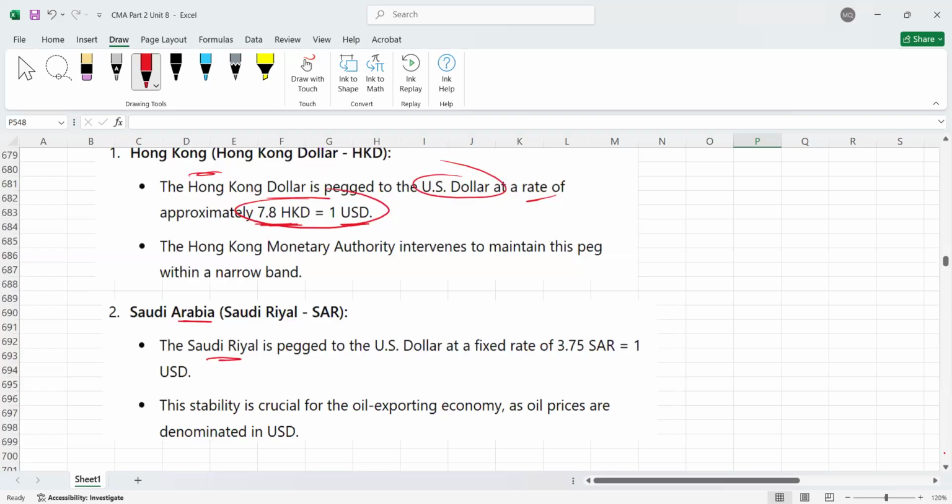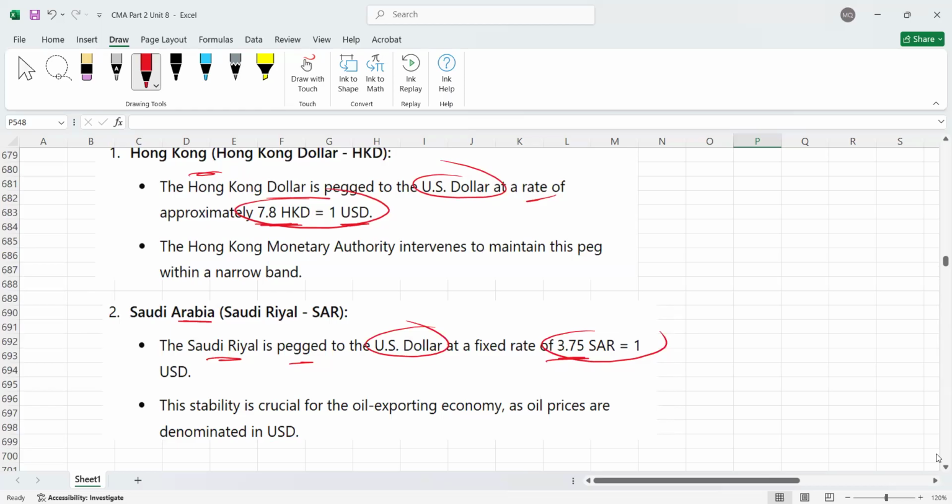The Saudi Riyal is pegged to the US dollar, because there is a high quantity of trade between Saudi and the US. Saudi is exporting oil, and Saudi is also buying some army related equipment from the US. So there is heavy trade between the US dollar and the Saudi Riyal. So the rate is fixed, and this is the pegged rate, 3.75 equals $1. This is the fixed rate.